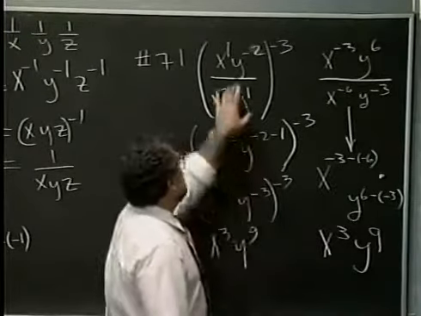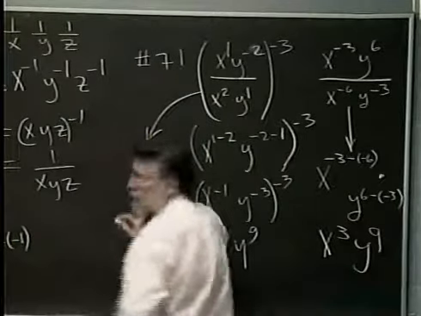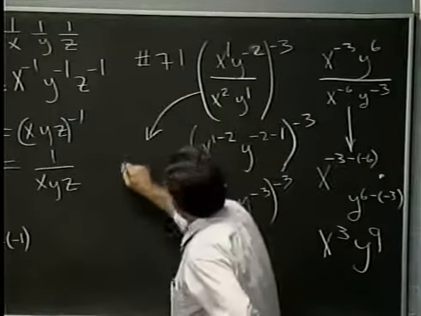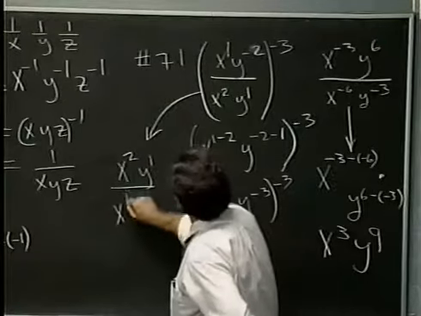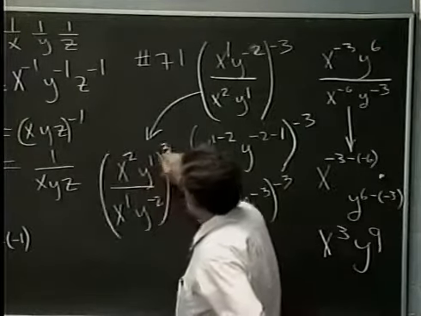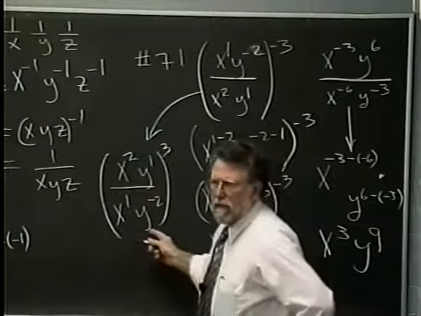Ah, so what you set up here, okay, alternative, flip first. Is that what I'm hearing? So you say this is x to the second, y to the first, over x to the first, y to the minus 2, all to the third. Okay, clever. How many did that?